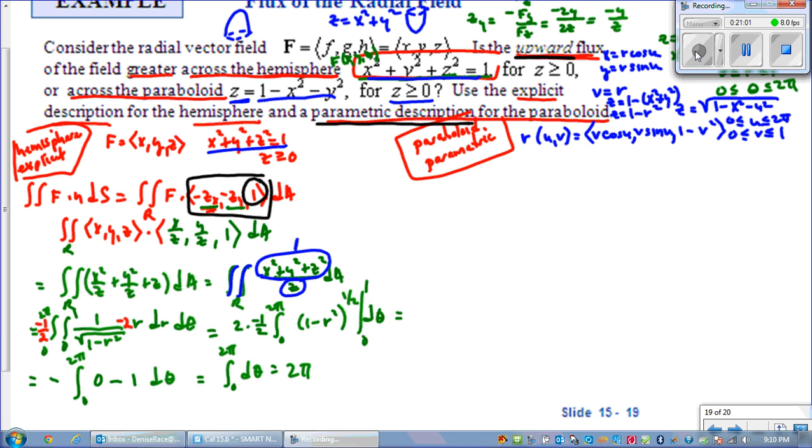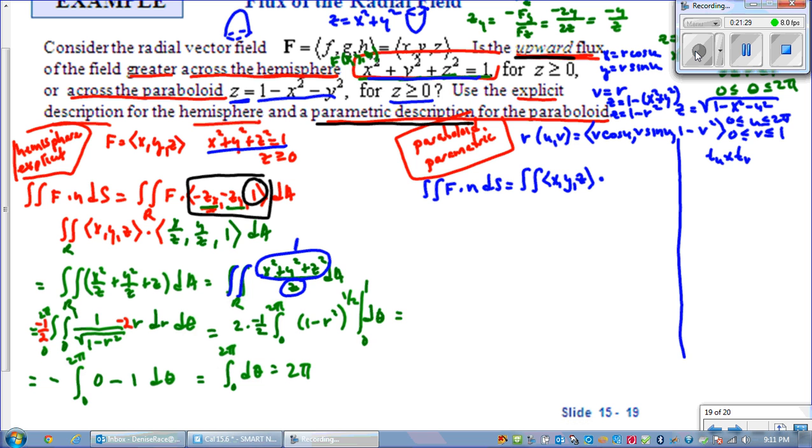So if we're trying to find the upward flux, we're going to be looking at this double integral of f dot n. Our f is xyz again. And our normal vector here will be the t sub u cross t sub v. So we need to figure out what that's going to look like.